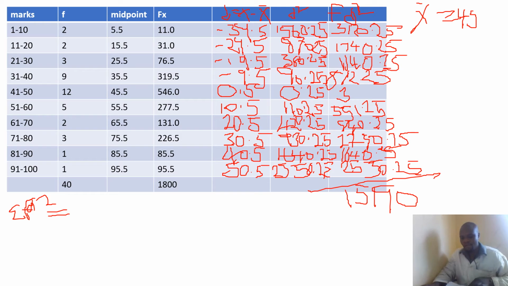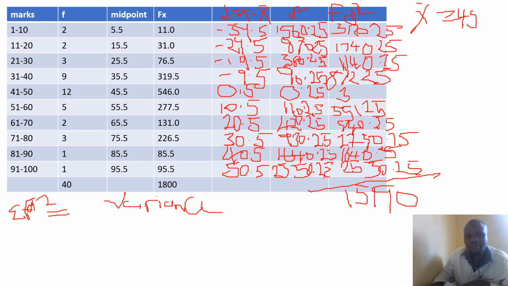So, and we know for us to get the variance, the variance is given by the summation of the f d squared divided by the summation of f.